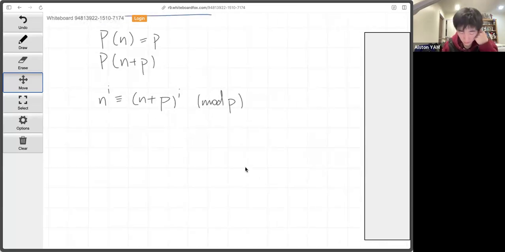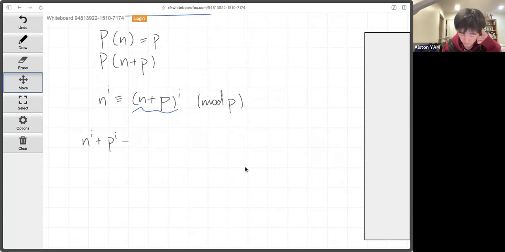How do we go about this? We can basically expand this bracket. Okay, let's expand this bracket then. So we see that the term at the very start will just be n to the i, right? And we will have a p to the i term at the very end.